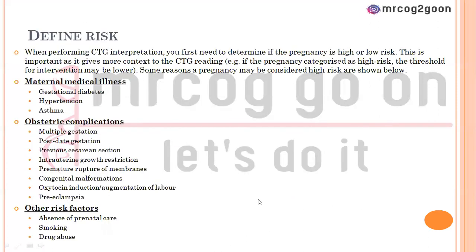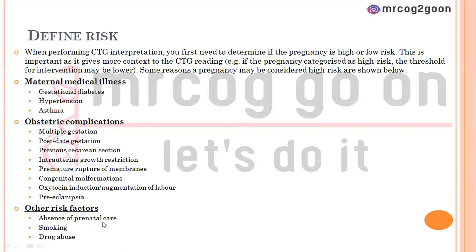Define risk. As I told you, what is the risk factor? Why did you opt for CTG in the first place? For maternal disease, like if she is diabetic, hypertensive, asthmatic; obstetric, like multiple gestation, post-date, previous CS, intrauterine growth restriction, premature rupture of membrane, congenital malformation, oxytocin induction or augmentation, because we said never put a patient on oxytocin unless you put her on a CTG.